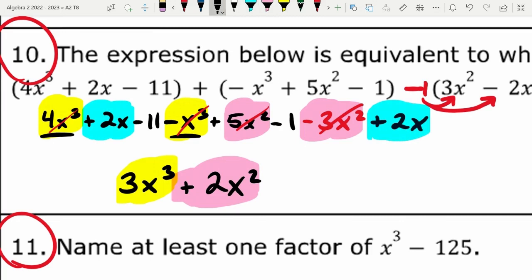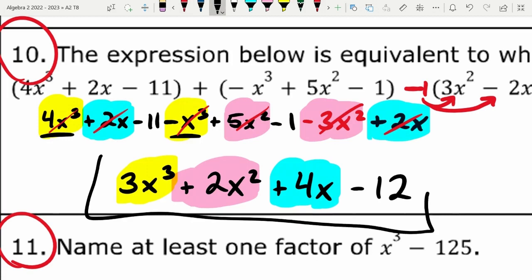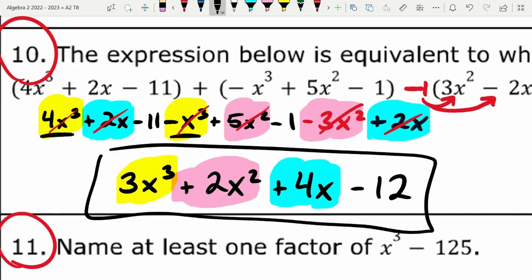So this would be plus 4x after we combine it. And then lastly, we have the negative 11 minus 1, which we can combine to have negative 12. Okay, so it's all just about rearranging it and getting rid of those parentheses, so that it's just combining like terms like you did in Algebra 1.